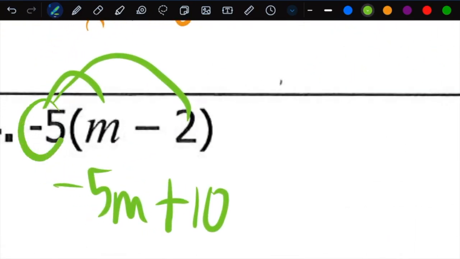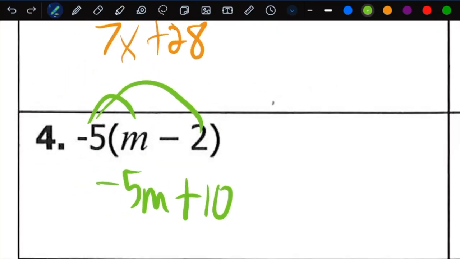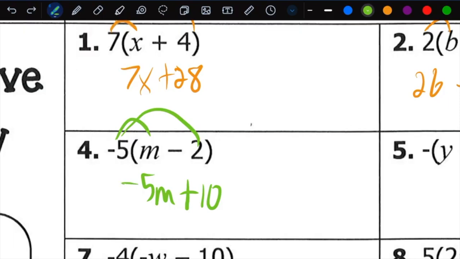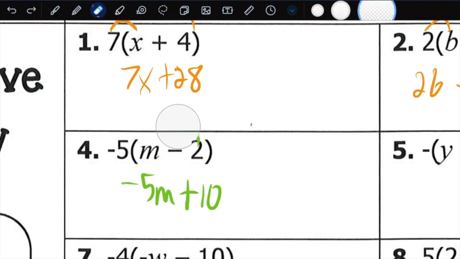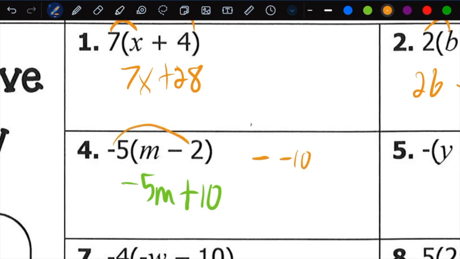So this is a negative 5 times what we consider to be a negative 2. Now some of us might be wondering, well, wait a second, that's a minus 2, it's not a negative 2. Spoiler alert, they're the same thing, a minus and a negative. So if I call this minus there, I would have minus a negative 10, and 2 negatives in a row without an exponent or any other terms between them are just positive anyway.